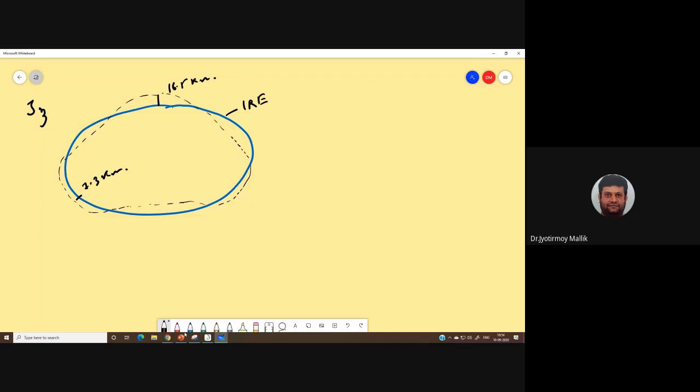So if we keep on introducing J2, J3, J4, J5, J6, we will get closer to the actual shape of the Earth. So for all practical purposes, we can stop at J2, and we can think that the international reference ellipsoid is a true representation of the Earth. I mean, the most approximate representation of the Earth.